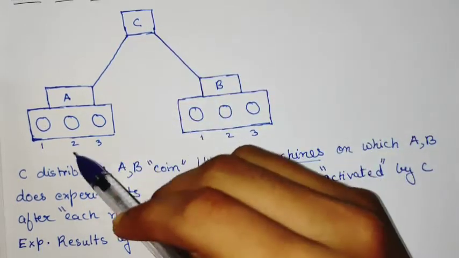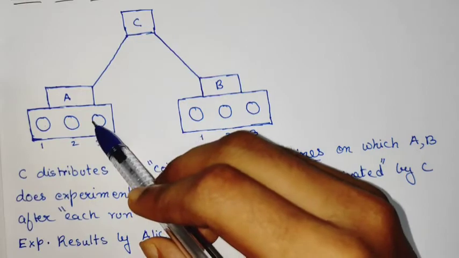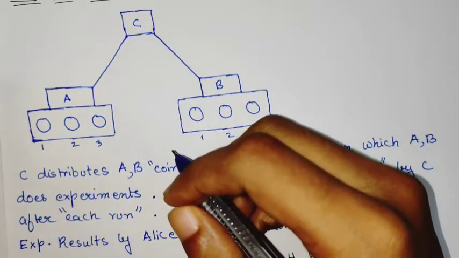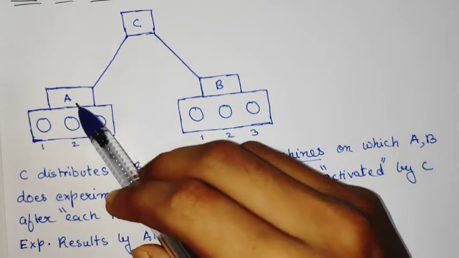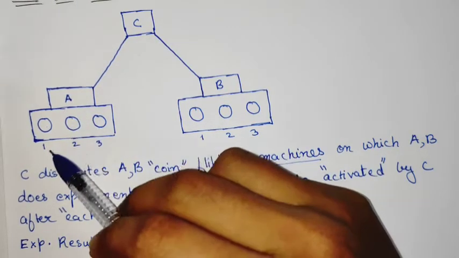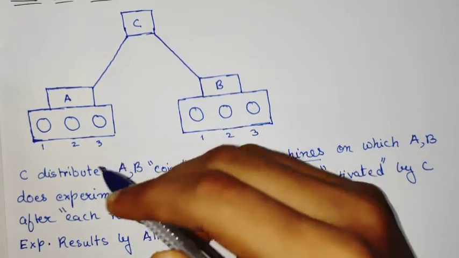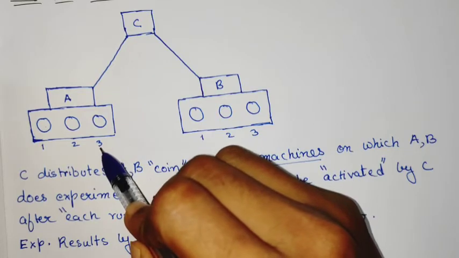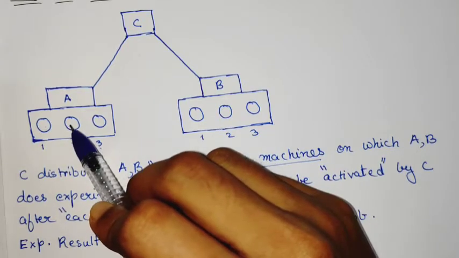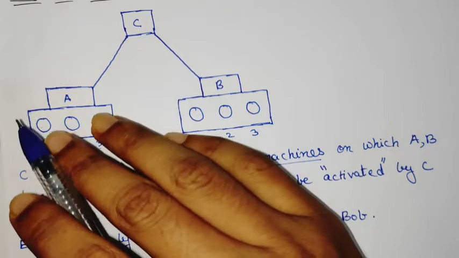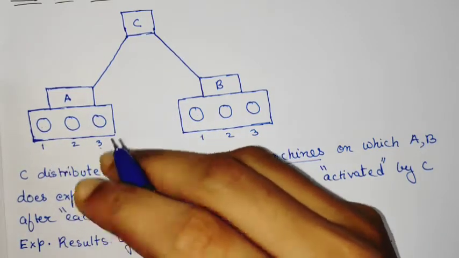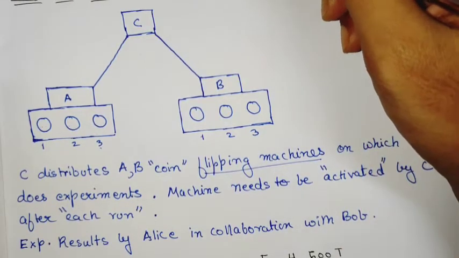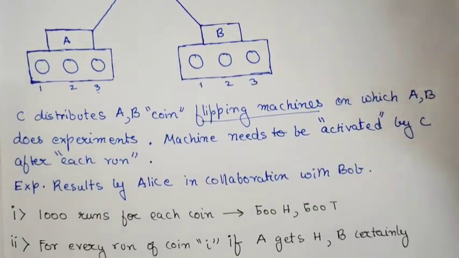The machine presents Alice with 3 coins, which are tossed and then presented, and Alice is asked to uncover any one of them. If she selects one, suppose she wants to uncover coin 3, then the other coins quickly go inside or disappear. So she cannot select more than one coin. That is how this machine has been prepared.